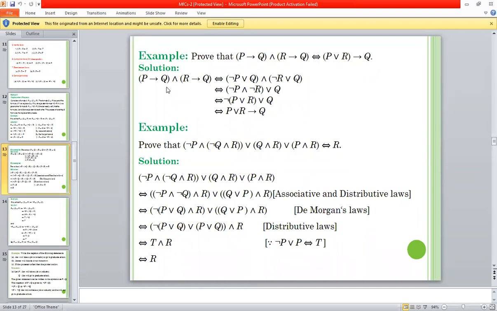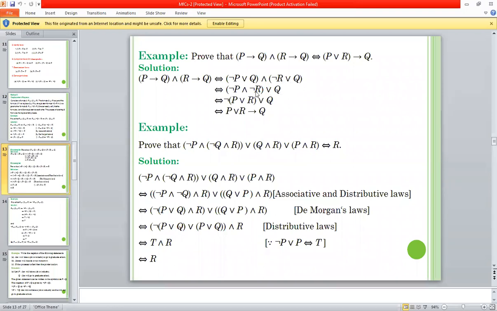Let us consider the LHS of the given statement: (P implication Q) and (R implication Q). We know that P implication Q is equivalent to negation P or Q. Here also we are applying this equivalence rule, so we can write negation R or Q. So this is of the form (negation P or Q) and (negation R or Q).